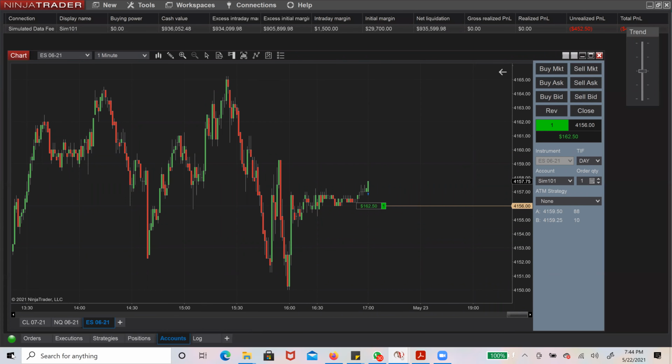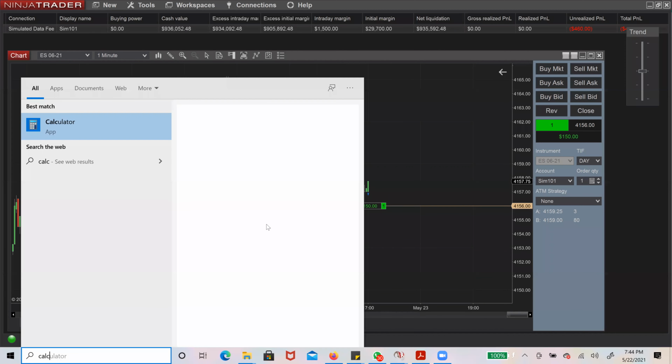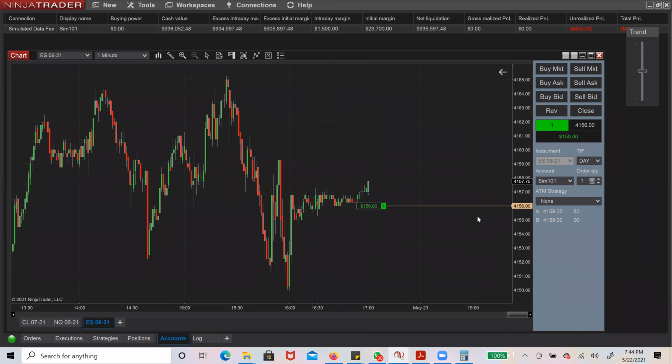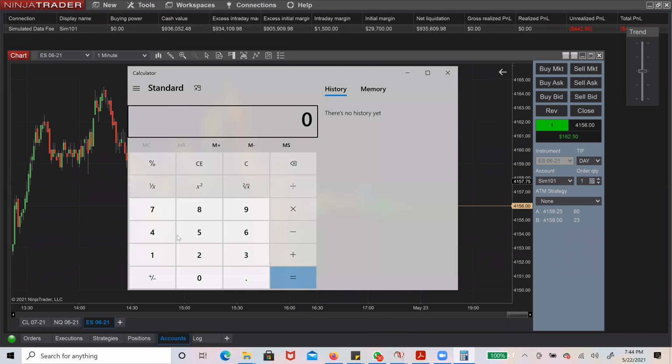The calculation is simple. If Nasdaq goes 100 points up, that's 100 points times each point. It's going to give you $20. Every point the Nasdaq goes up, it's going to give you $20. That's $2,000 right there on only a $500 investment.